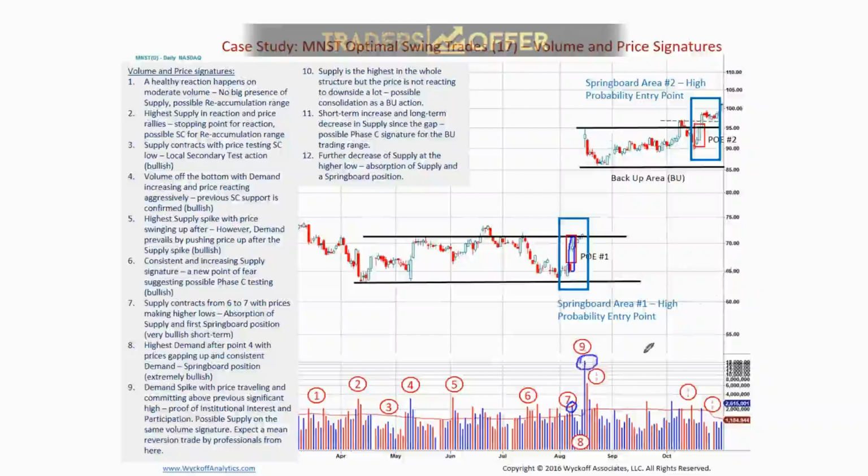Point number 9 has a definite signature for both supply and demand, and this is something that we've discussed so much, those volume spikes during the second series in the Wyckoff advanced course, and we were saying that whenever we have a volume spike, and the volume signature increases drastically, it's the element of both.